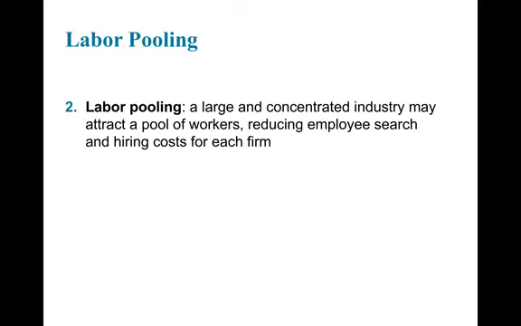The second reason is labor pooling. A large and concentrated industry may attract a pool of workers, reducing employee search and hiring cost for each firm. The large concentration of highly skilled workers, associated with the several top universities nearby, is possibly one of the reasons explaining again the concentration of technology companies in Silicon Valley.